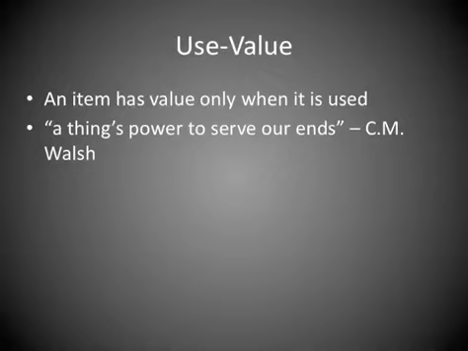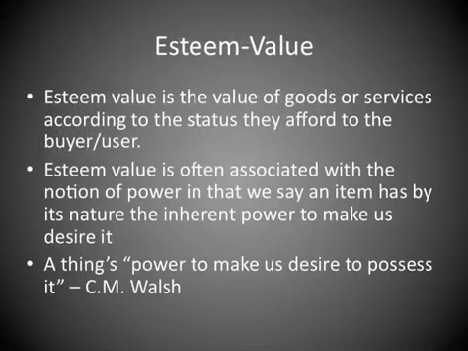But that's a bit controversial. Sometimes we get into accounting discussions about things like that. But from an economist standpoint, the thing only has value as it's being used. Walsh would say a thing's power, the power inherent in an object, is its ability to serve our ends.